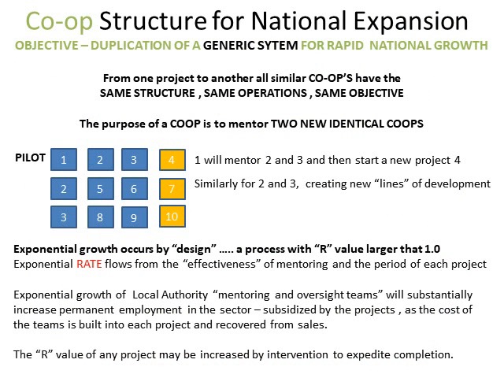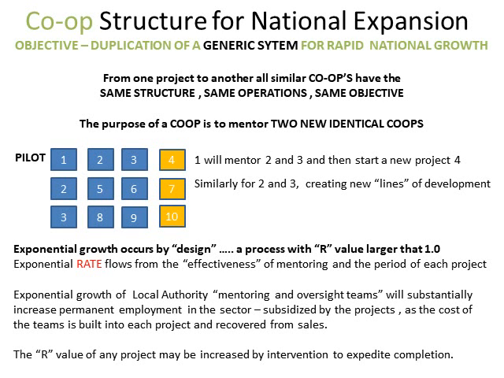Now let us look at the nature and the structure of the cooperatives in terms of the ability to expand quickly and to grow nationally throughout the country. So the objective here is to create a duplication of a generic system for rapid national growth.